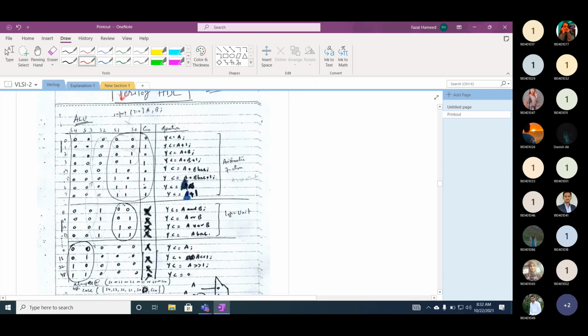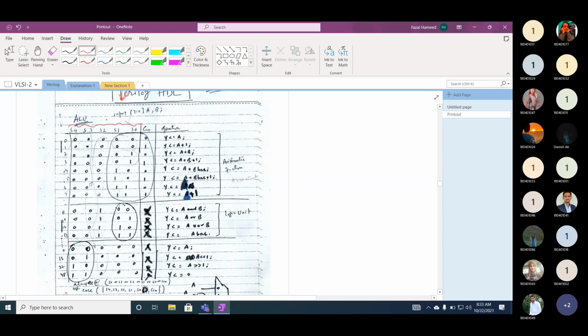Now, can you see the table? Okay. Now, this is the functional description of an ALU. There are some select lines, S4, S3, S2, S1. Can you see here? Yes, so these select lines you can call an opcode.